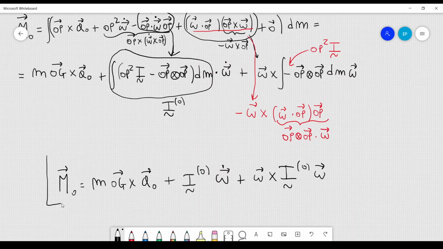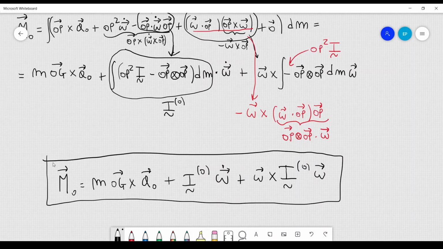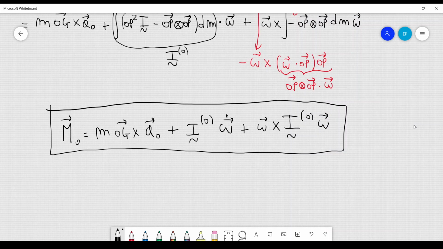So this is a very important formula, and we are going to use that in a subsequent problem. Now, just take a look at this. If you choose G as the point with respect to which you calculate the moments, then this vector here will be GG, and that will be equal to 0. So this will become the 0 vector in that case.